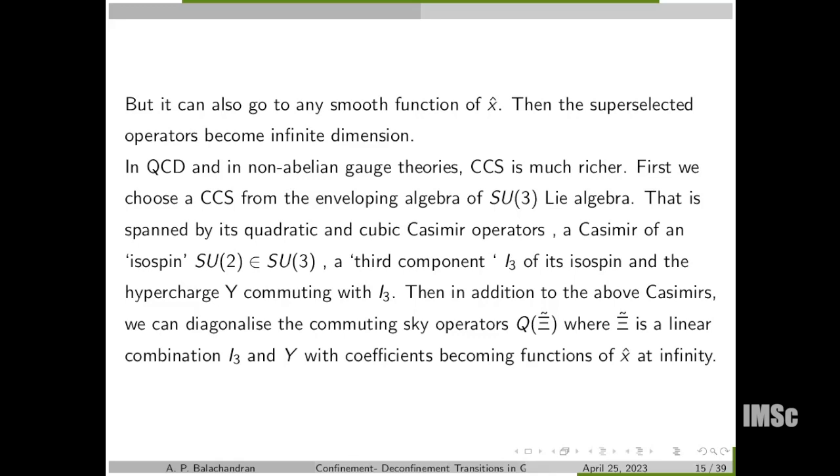This is a standard notation in SU3. So the states are labeled by eigenvalues of I3 and Y, and there may be other things coming from H0, which I am not talking about. So the Q tilde, the tilde denoting the diagonalizing operators, are coming from test functions which become functions of x hat at infinity. So they are not constant anymore for me.